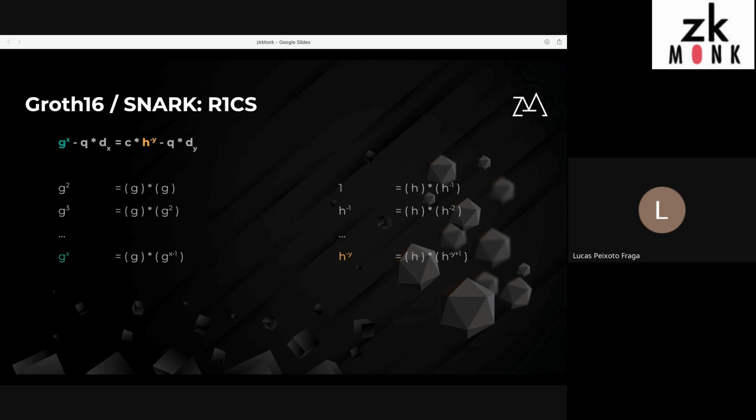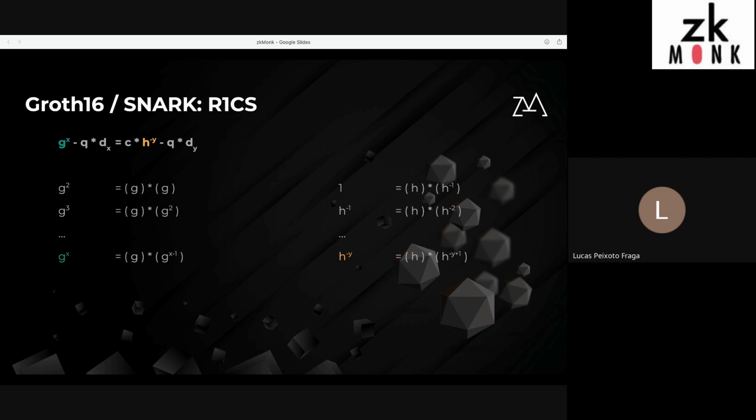Think of them as products of linear combinations. So for instance, the first equation is 1 times g squared plus 0 times the rest of the variables. This linear combination is equal to 1 times g plus 0 times the rest of the variables, one linear combination, times another linear combination, which is 1 times g plus 0 times the rest of the variables.